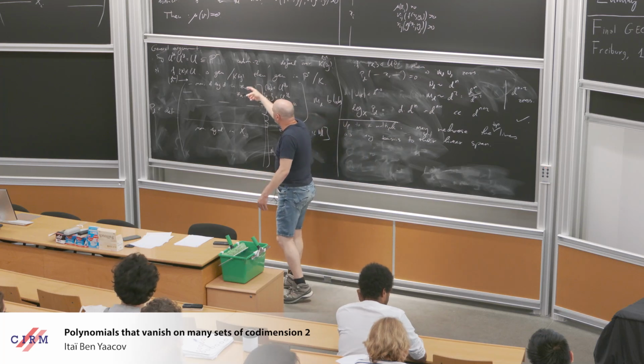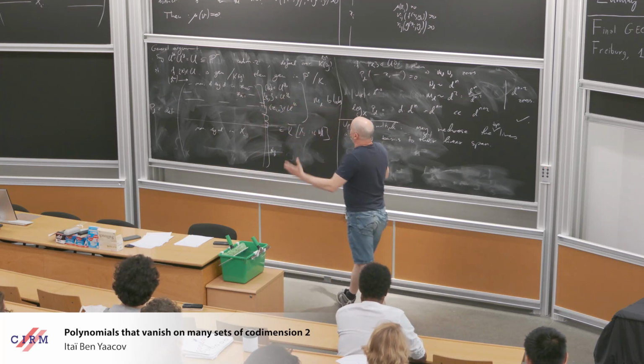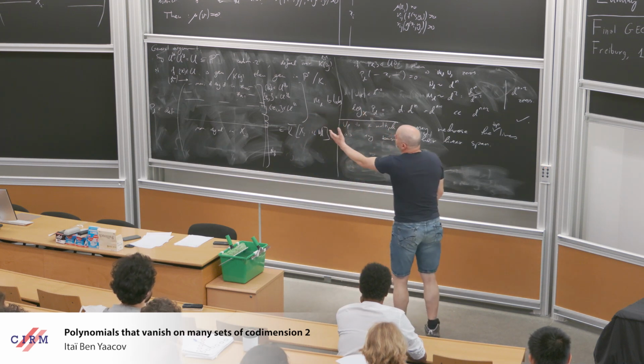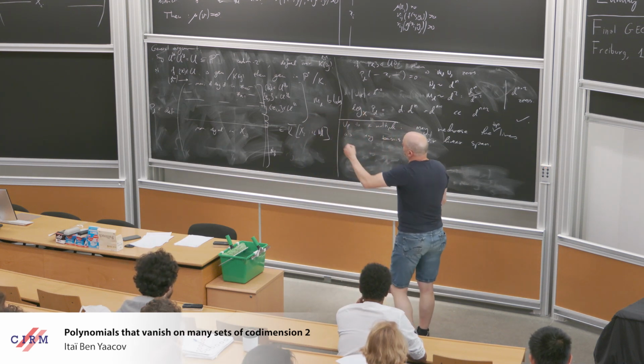It's linearly independent. They span a vector space. We can choose any other basis, and we are just going to change the determinant by some factor.